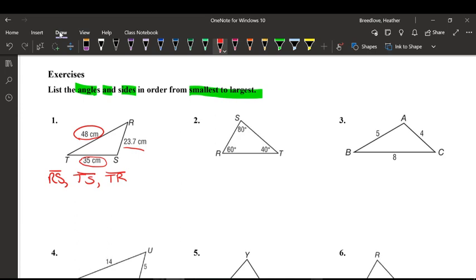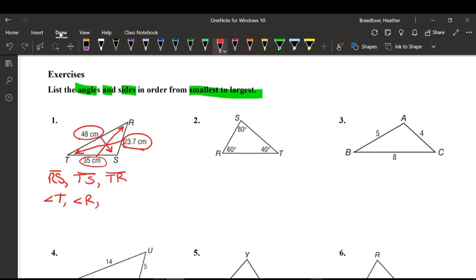And then I also need to list the angles. The smallest side was 23.7, and across from 23.7 is angle T. So angle T is the smallest angle. Across from 35 is angle R, so angle R is the medium angle. And the largest side was 48 centimeters.